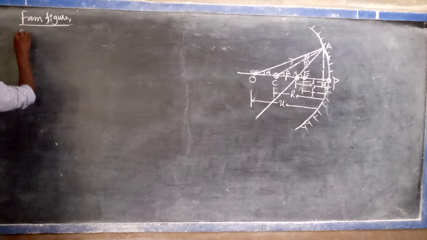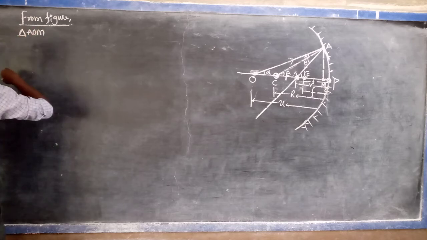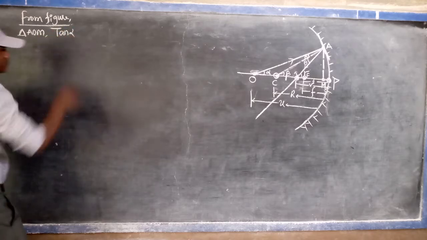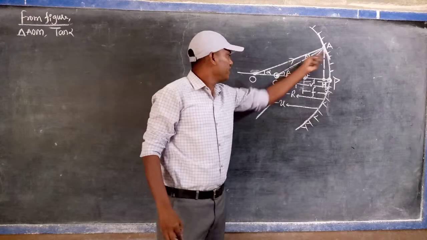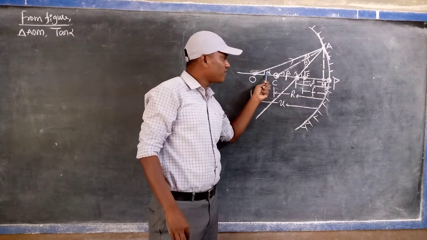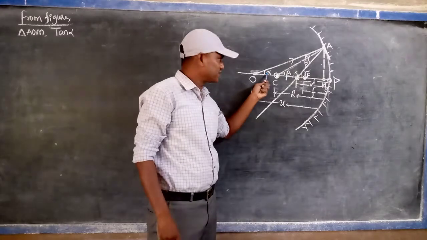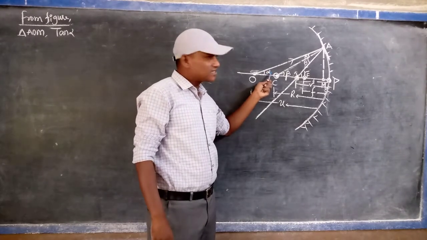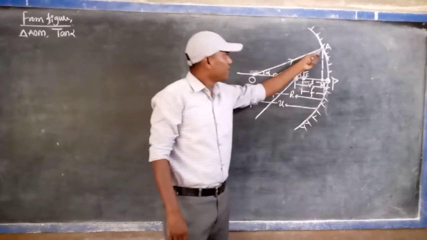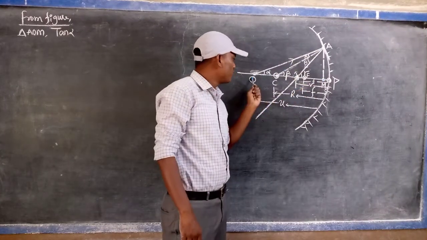triangle AOM, we can write tan alpha. In this right angle triangle AOM, tan alpha. Already I said in the previous video also, tan theta is nothing but the opposite side by the adjacent side. That's why AM upon MO.